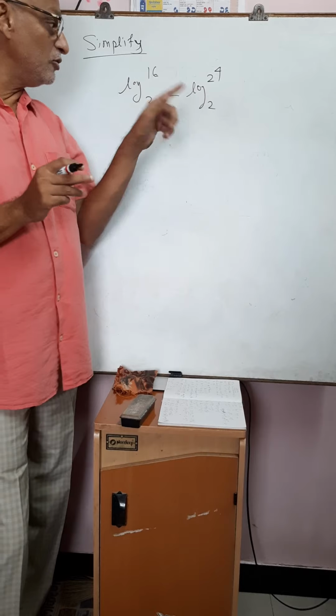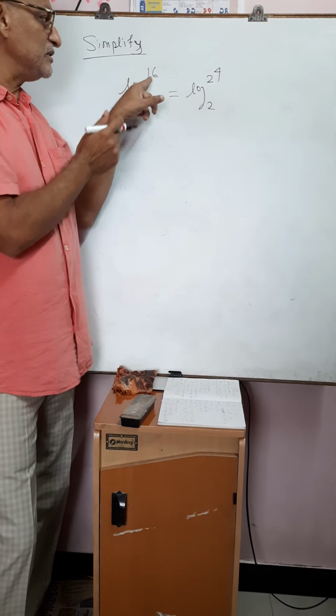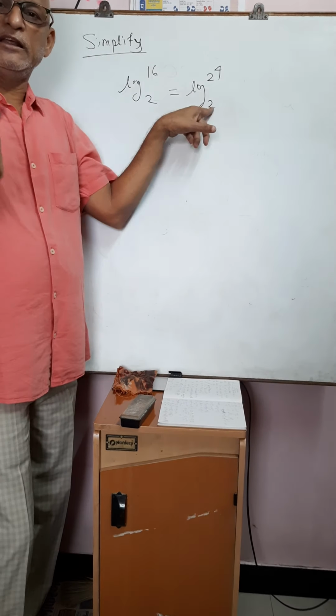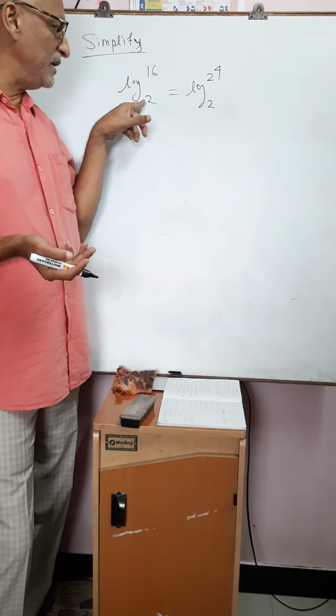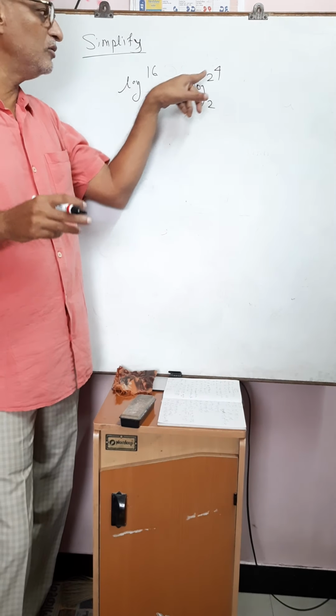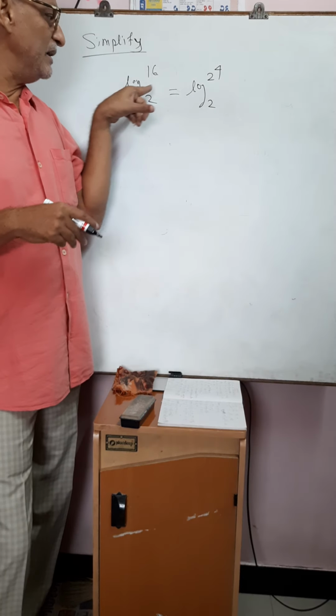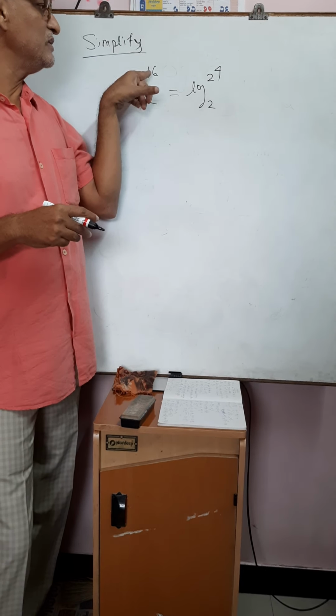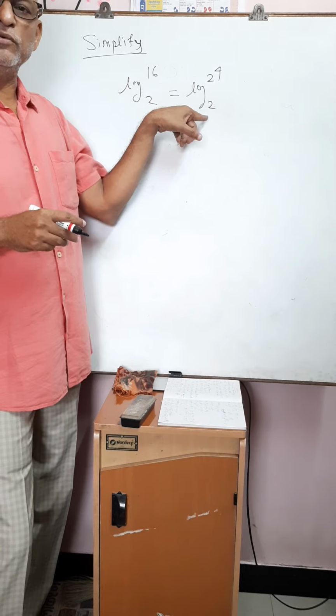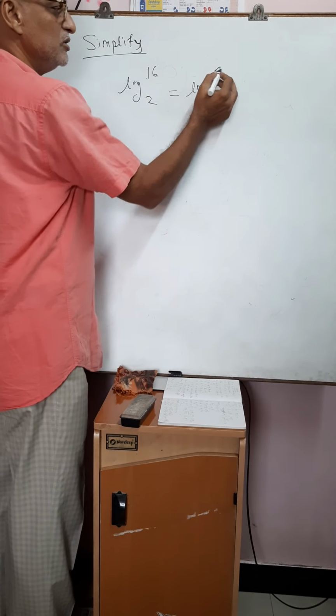But since our base is 2, you have to write 16 in the form of 2. If the base here were 4, then you would have to write 16 in the form of 4. Since base is 2, we have to write down 16 in terms of 2. So 16 can be written as 2 raised to 4.